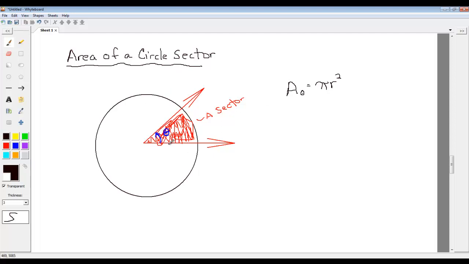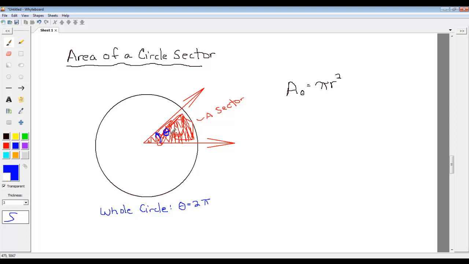Well, if going all the way around the circle, theta for the whole circle is 2 pi, we're technically dealing with a fraction of the circle.